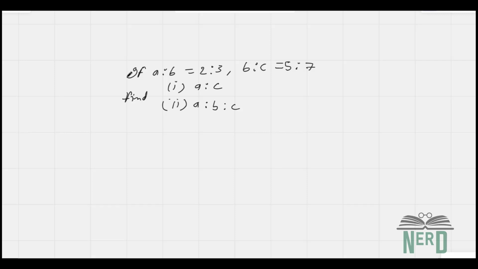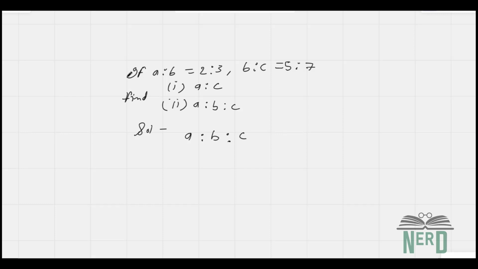And how you're going to do it, I'll tell you the perfect solution, a very easy one. First you have to write down all the ratio that you have to find: A is to B is to C.